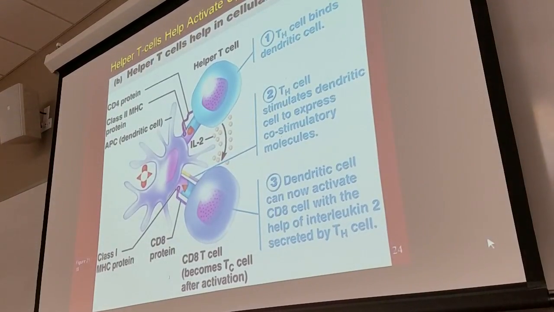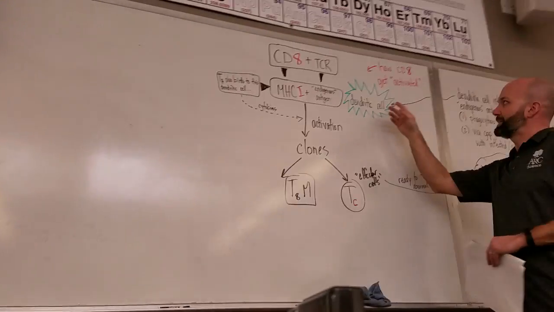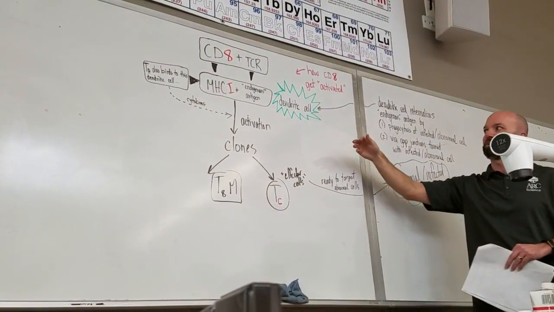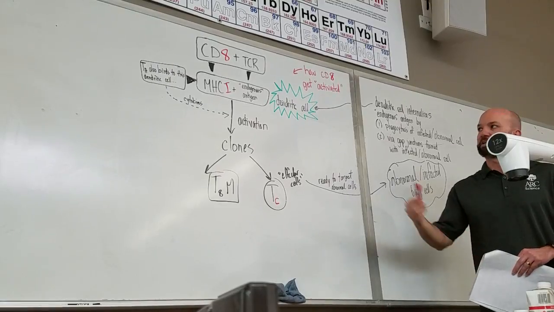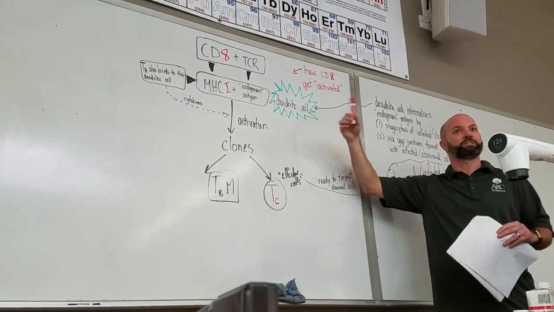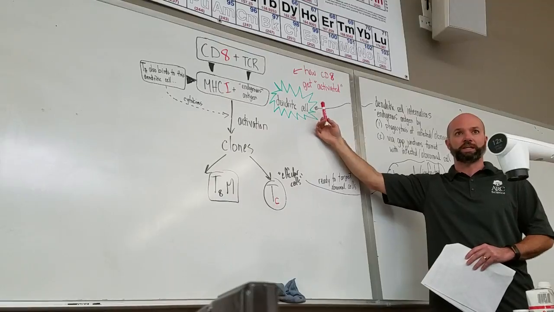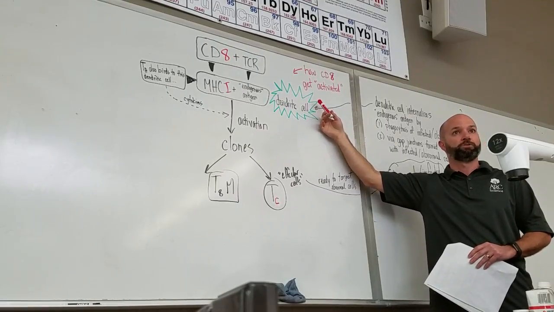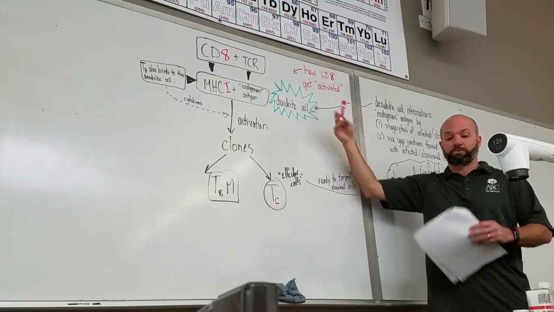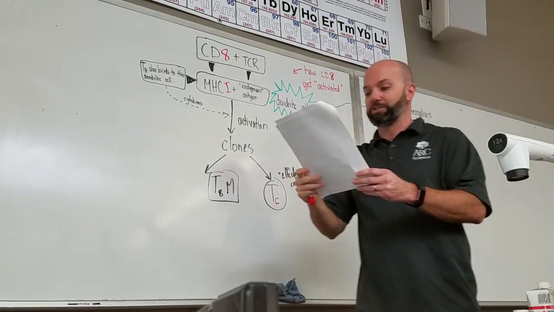The question becomes, how does a dendritic cell end up with endogenous antigen inside of it? Right? Because the dendritic cell must have somehow gotten a hold of this endogenous antigen, processed it, and displayed it on its membrane using its class 1 MHC. Well, the answer was right there in the study guide.